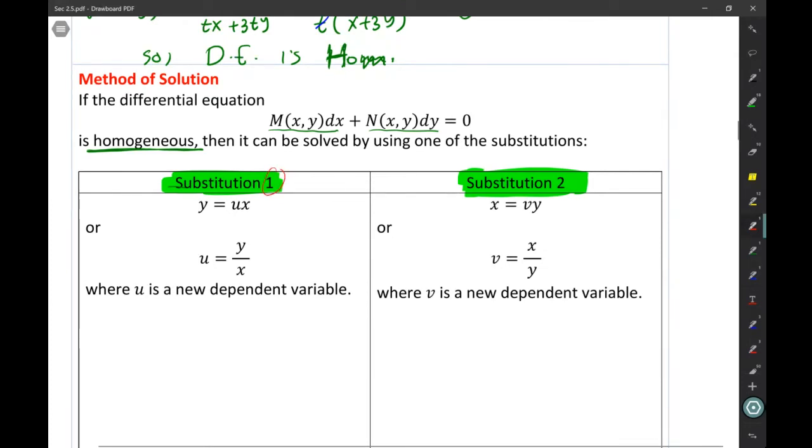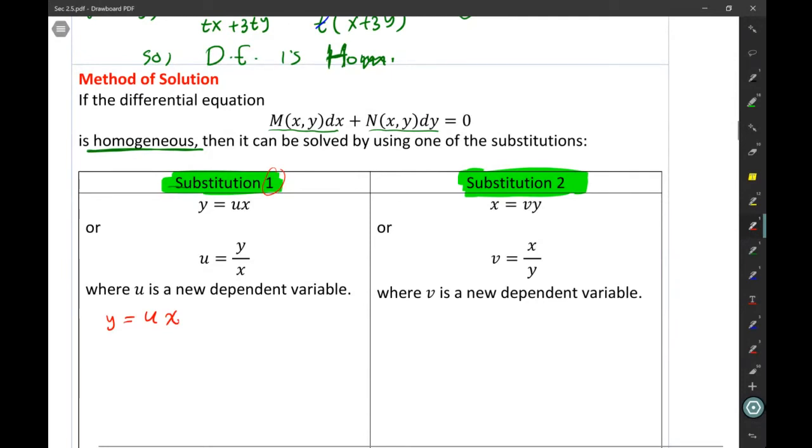The first thing, you have to assume y is equal to u times x, but u is a function of x. Or when you divide both sides by x, you get u is equal to y/x. Now when y is equal to u times x, you need to find dy/dx.